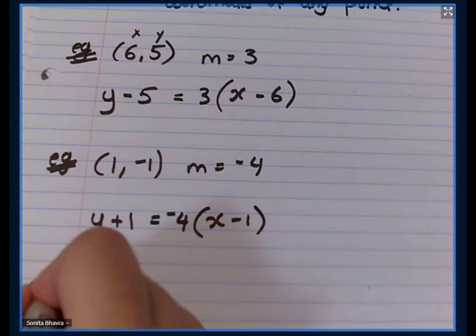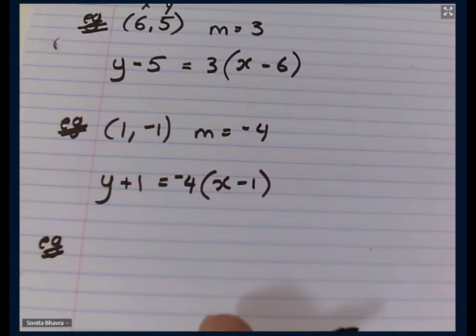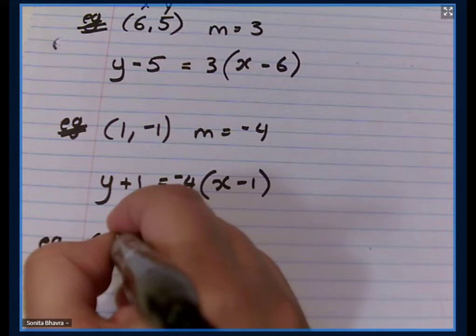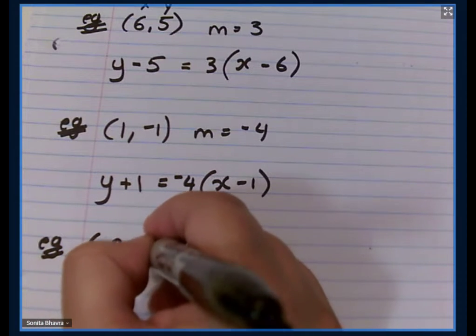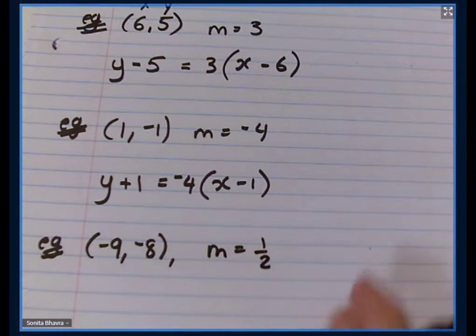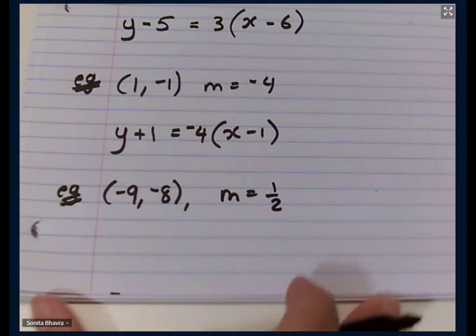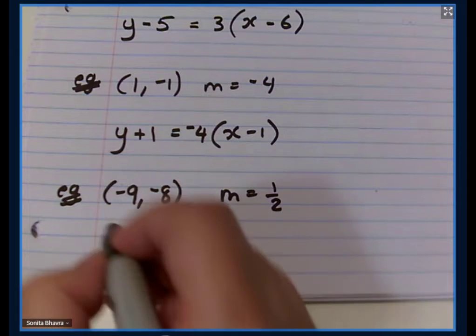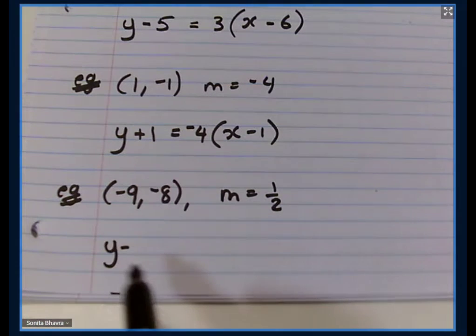Let's look at another one here. We are given a point on the line, negative 9, negative 8, and our slope is 1 over 2. So same thing here, y minus y1.